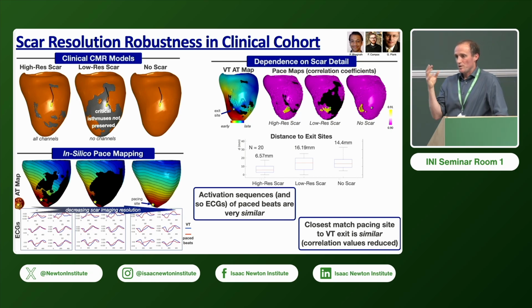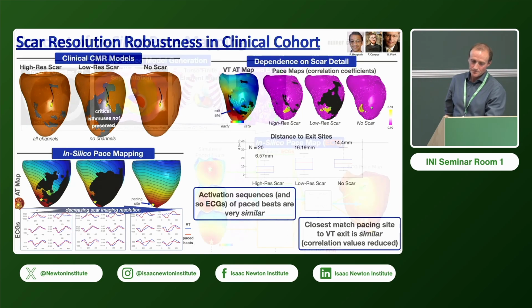For each of these models, we did our in silico pace mapping approach, and we showed that although there was a difference, obviously we're doing a bit worse when we don't have scar, or have this model of scar with the filled-in isthmus, we're still doing quite a good job of getting quite close to the exit site. Obviously, the ECG does change if you have scar, if you don't have scar, or if you change the amount of scar, but still the site that's most likely related to the exit site is still close to the exit site, whether you have scar or not, because you still have that same kind of breakthrough pattern.